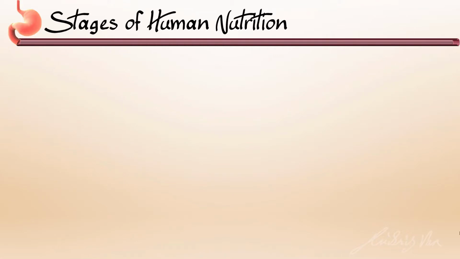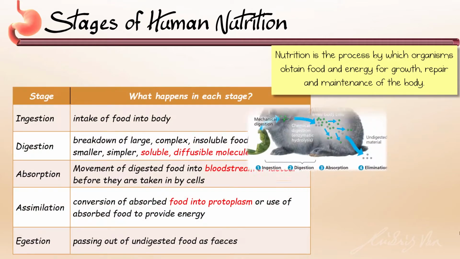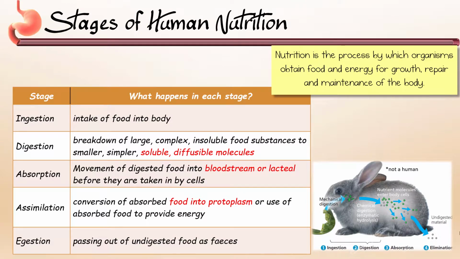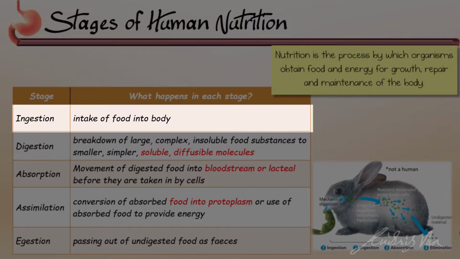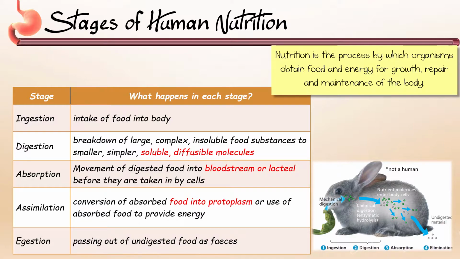So in human nutrition, there are actually 4 stages plus one that they include, which is the passing out of undigested food. Nutrition is a process by which organisms obtain food and energy for growth, repair and maintenance of the body. The stages are ingestion, whereby humans take in food, which is a fancy way of saying eating. Digestion, which is what we are concerned about in this video, and you might want to copy this down.